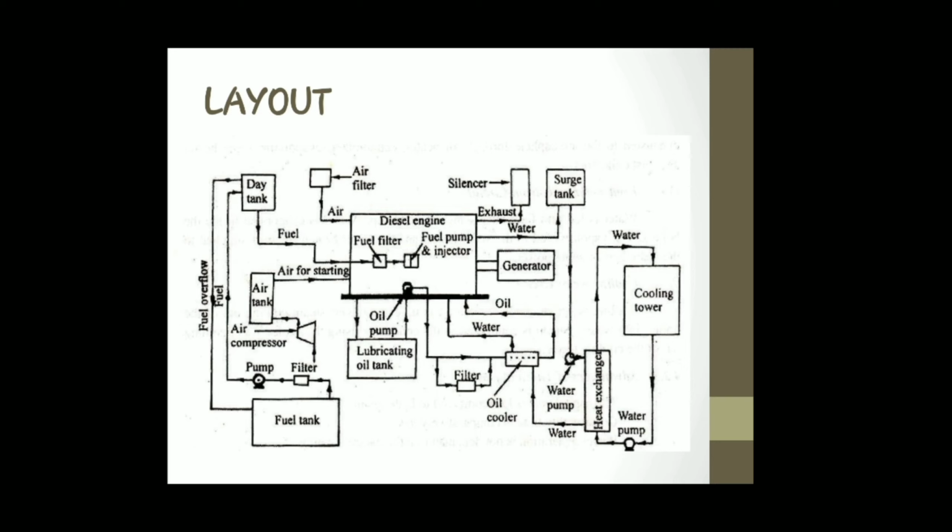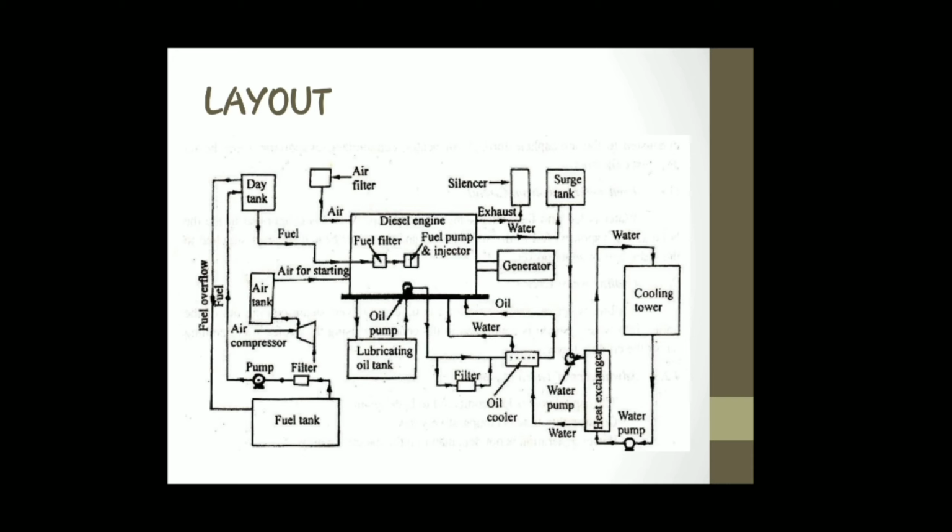This is the layout of the diesel power plant. You can see this is the engine, and the fuel is taken from the fuel tank. The fuel goes to the day tank, then from the day tank the fuel enters the engine.